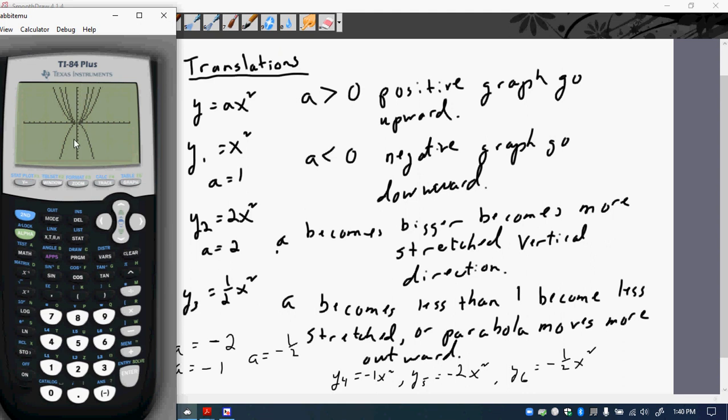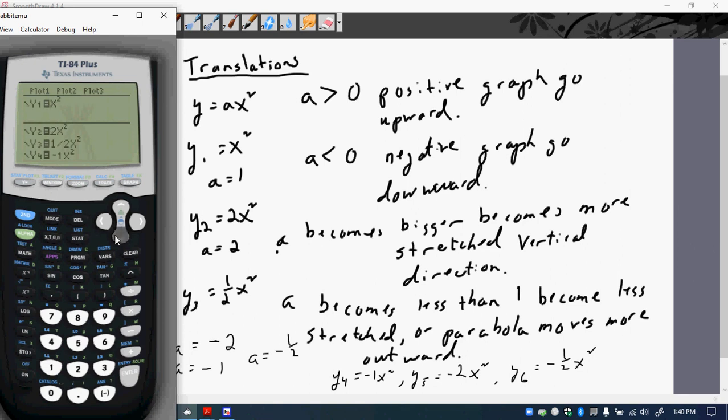So it's translated that way. If we did that with the -2, we go down to y5, we have -2x squared. Again, it's going to flip downward, and it's going to be a little bit steeper, because it's going to get stretched in the vertical direction.